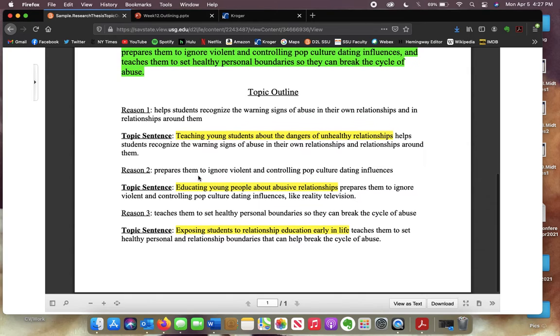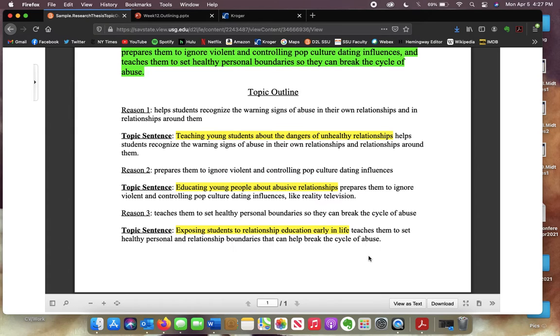So second reason, prepares them to ignore violent and controlling pop culture dating influences. I restate my argument in a different way again. Educating young people about abusive relationships prepares them to ignore violent and controlling pop culture dating influences like reality television. Obviously, I'm going to be talking about pop culture influences like reality television in the rest of this paragraph.